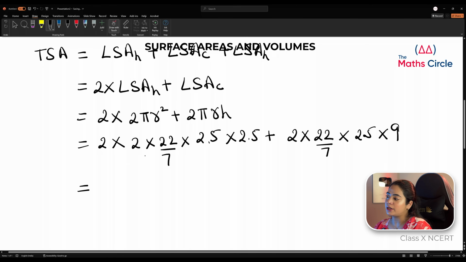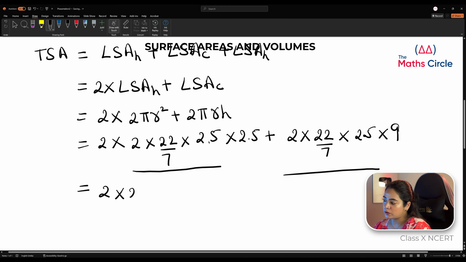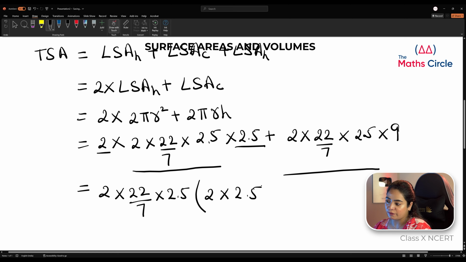To make my solution easy, what do I do? I simply take the similar values as common. So this comes out to be 2 into 22 by 7 multiply by 2.5, and the inner values of the bracket becomes 2 multiply by 2.5 plus 9.